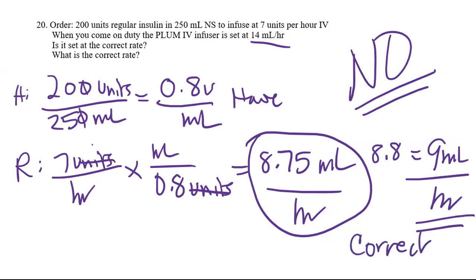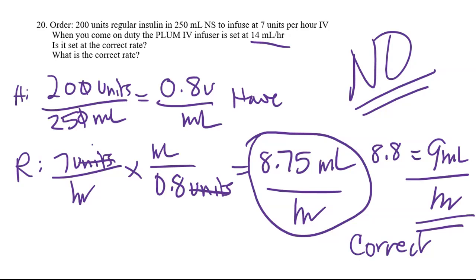So what we did here was we looked at what we had, and we got it down to the simplest thing that we could have, which is 0.8 units per mL. And then we looked at the rate that's actually infusing, and we did 7 units per hour times milliliters over units, and we got 8.75 mLs per hour. And then, of course, we could say 8.8 or 9 mLs per hour.